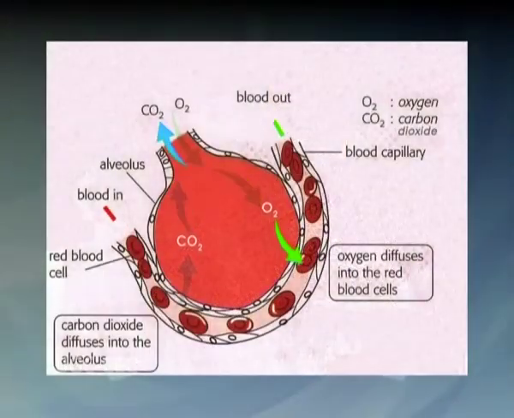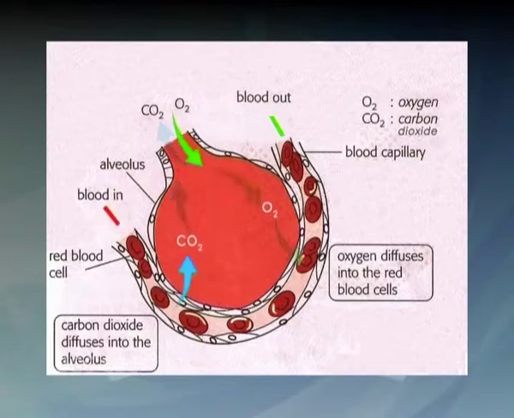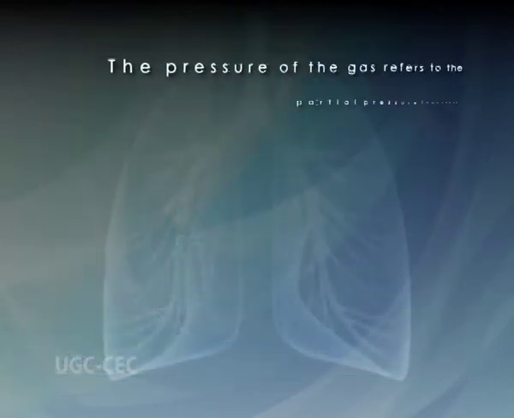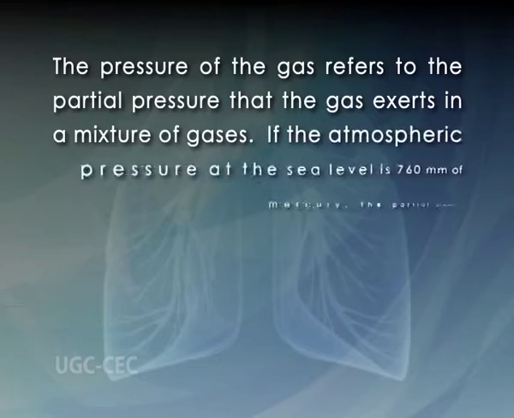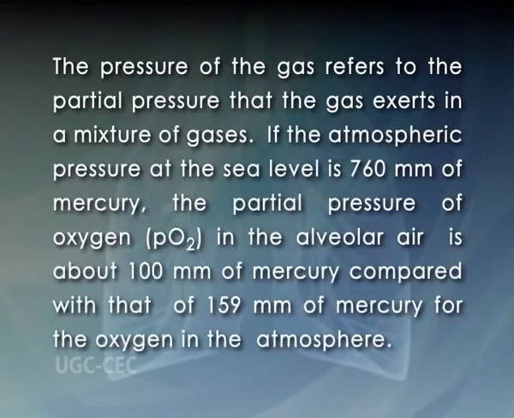The uptake of oxygen and the release of carbon dioxide by the blood of the alveolar capillaries can be explained by diffusion. That is, the gases pass from the regions of high pressure to those of low pressure. The pressure of the gas refers to the partial pressure that the gas exerts in a mixture of gases.